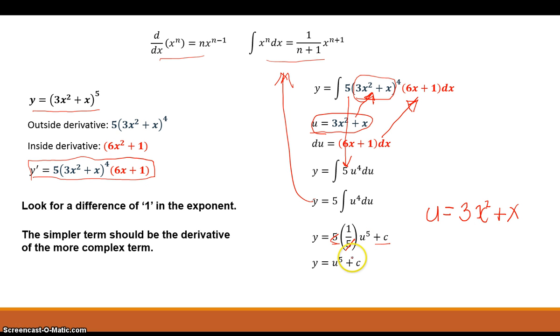And again, remember, you got to raise it to the fifth power. So you end up with y is equal to 3x squared plus x, the quantity raised to the fifth power, plus c, our constant of integration. And that gets us back to our original equation.